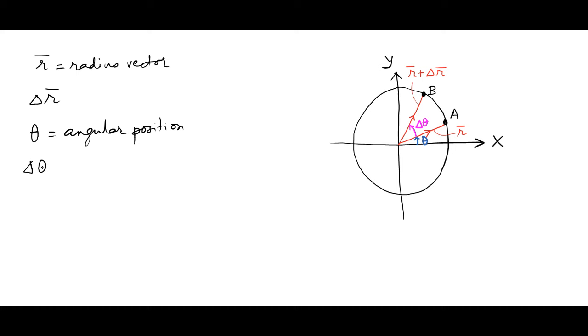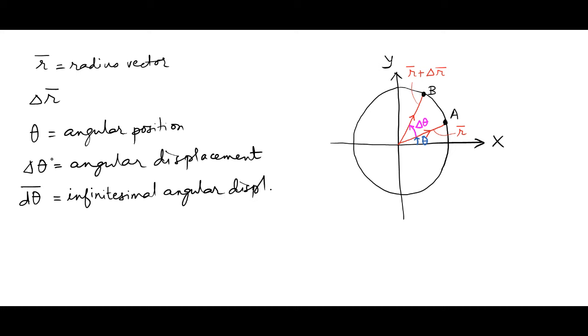Delta theta is the change in the angular position, which is called the angular displacement. D theta bar is an infinitesimal angular displacement which occurs, let's say, in an infinitesimal time interval, which could be called dt.